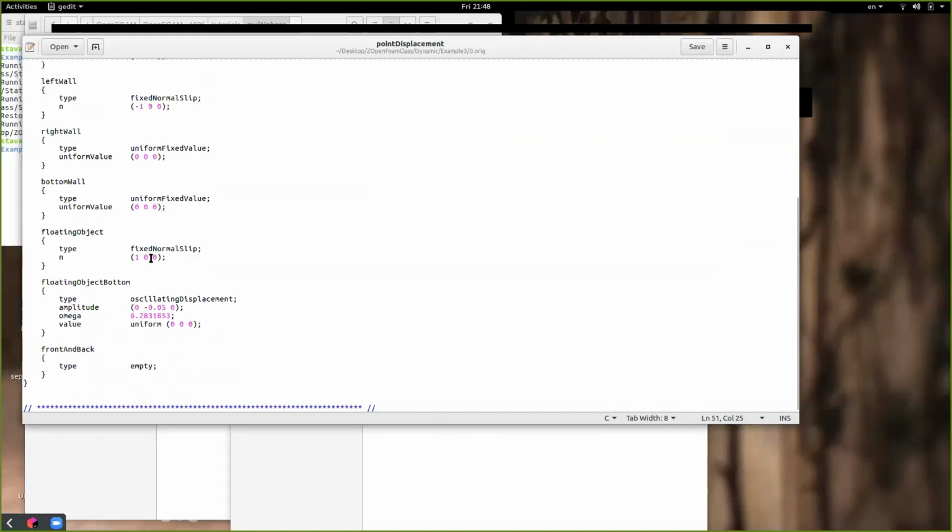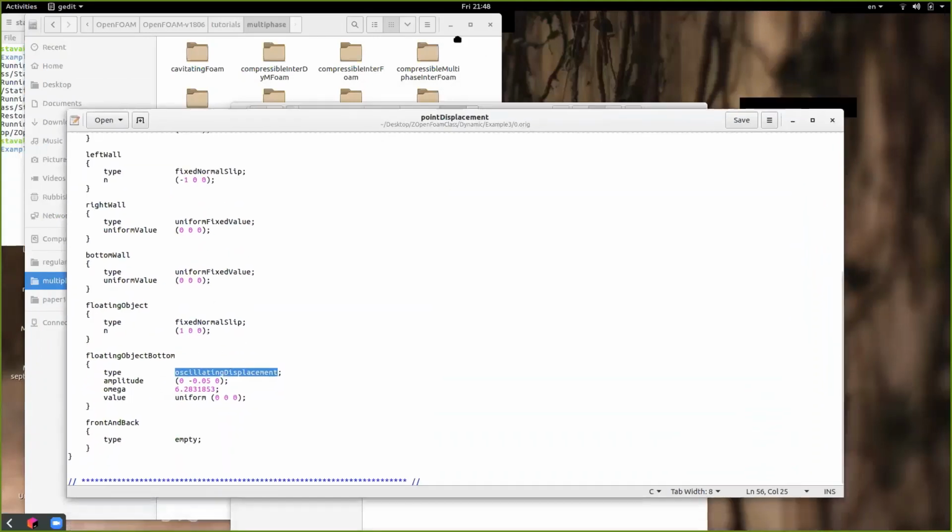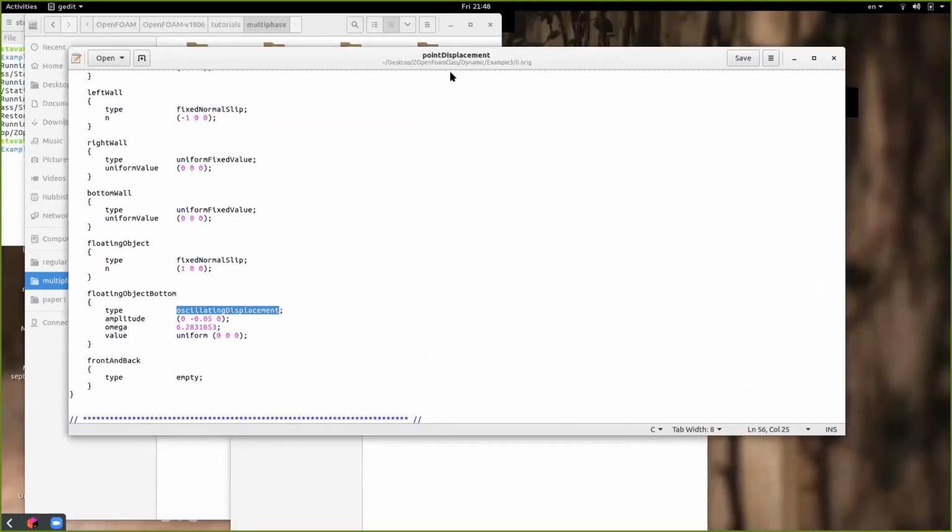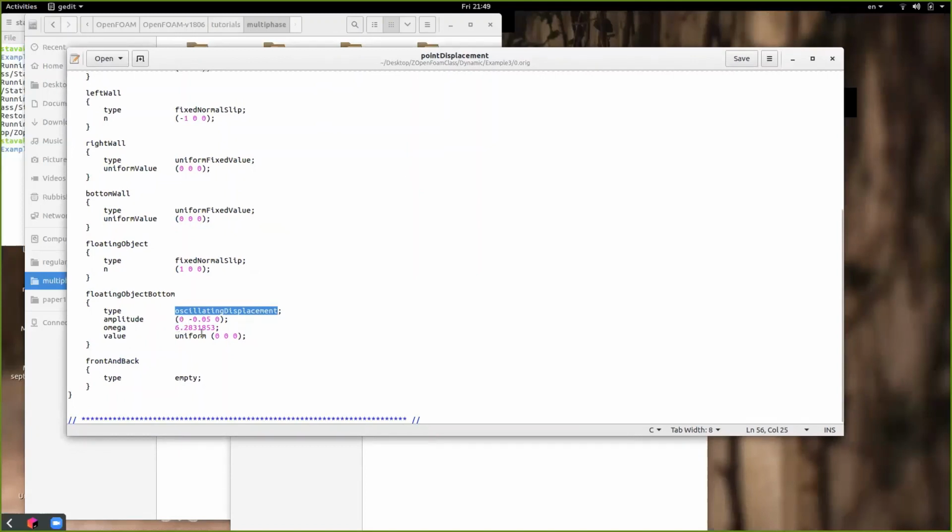On the floating object, we're saying that we have got normal slip in the x direction, not in the y direction. And also for the floating object bottom, which we defined in the second topoSet directory, we're defining an oscillating displacement that's coming from the dynamic motion library we're using. And we defined omega for this one. And here omega is just, how can we do it here?